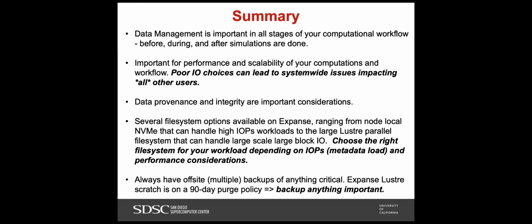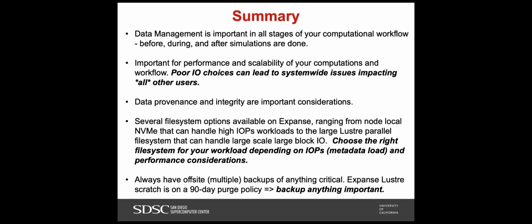There are several file system options on Expanse. We have node local NVMe for high IOPS loads. So lots of small files, scratch files, perfect for that. Then for large block IO, if you're writing in big 1 megabyte chunks, then the Lustre file system will do perfectly fine and scale. And you can get to over 100 gigabytes per second if you're really large.